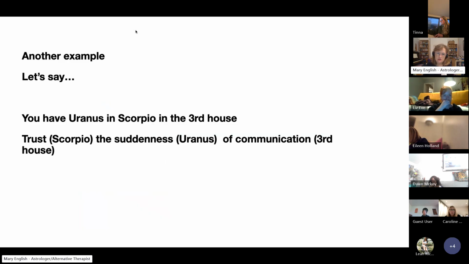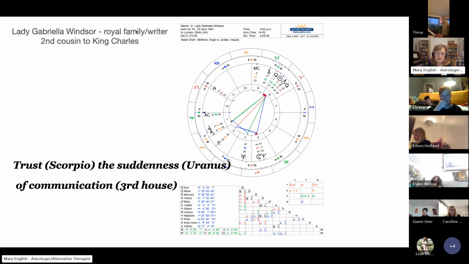So let's do another example. Let's say you've got Uranus in Scorpio in the 3rd house. Trust, Scorpio, the suddenness, Uranus, of communication. This chart is Lady Gabriella Windsor. She's a royal family writer and she's second cousin to King Charles. So you'll see her Uranus is in her 3rd house. I haven't got a pointer, so I can't point to it, I'm afraid. But you'll see the numbers of the houses are written in the centre of the chart.